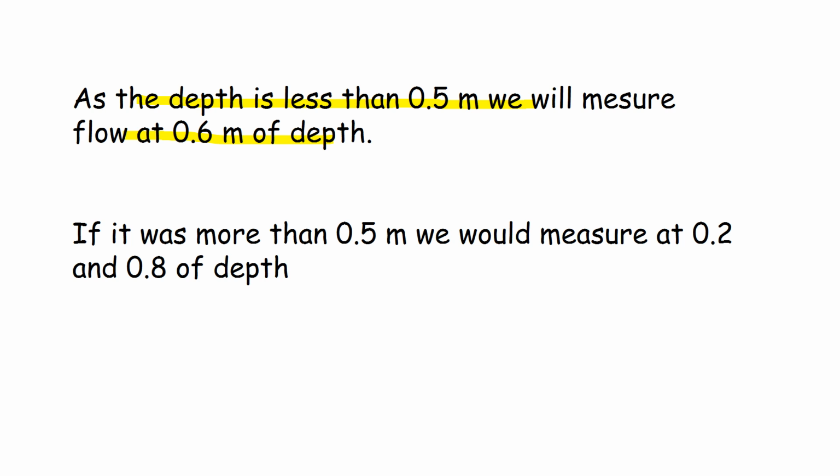So this means 0.6 of 0.5 meters, we will measure at 0.3 meters. If it was more than 0.5 meters deep, we would measure at 0.2 and 0.8 of depth and average over the two. This is of course because the flow varies as it moves away from the bottom towards the middle of the channel.